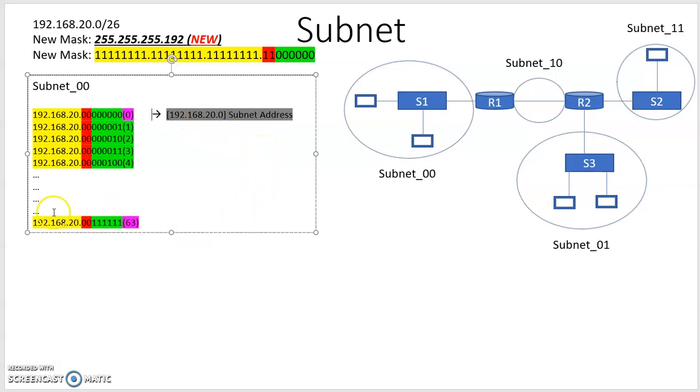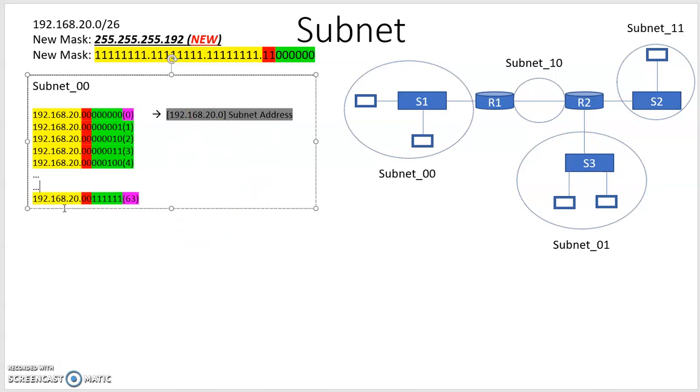So what does this really mean when we say this is the subnet address? Technically, what it means is, when we perform a binary AND operation with the subnet mask and the corresponding IP address, it should lead to this number or this IP. Otherwise, that particular IP address doesn't belong to that subnet. So let me rephrase that.